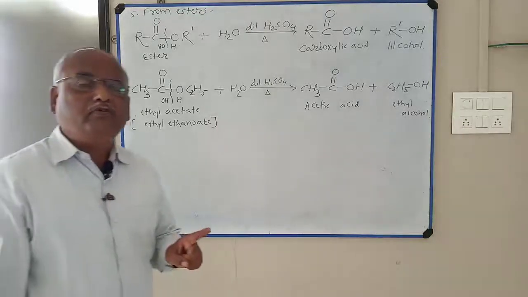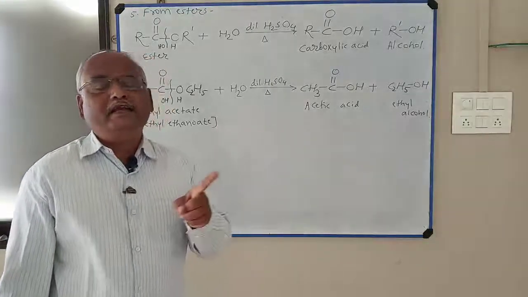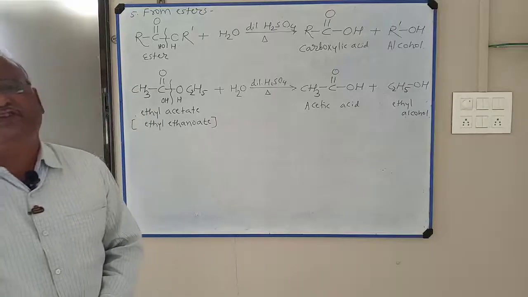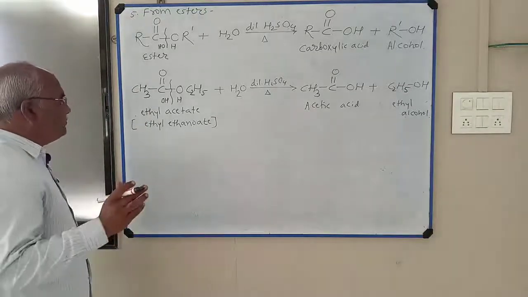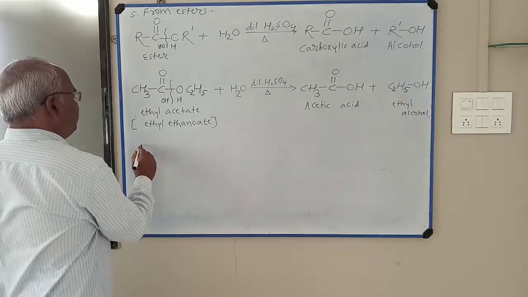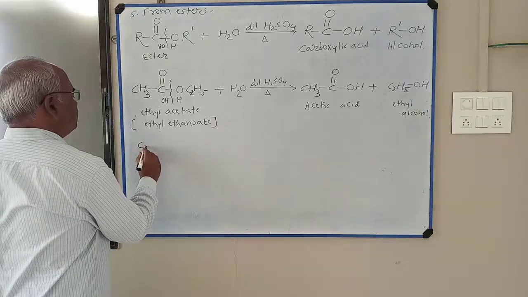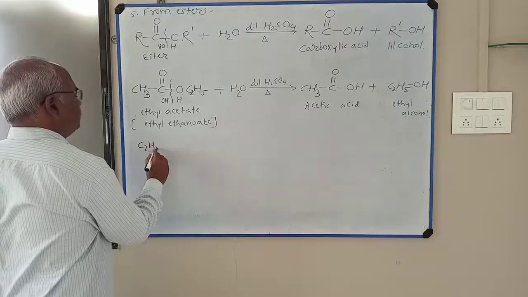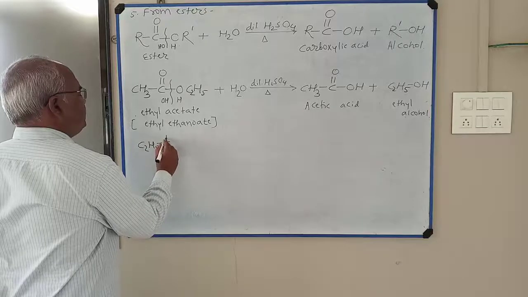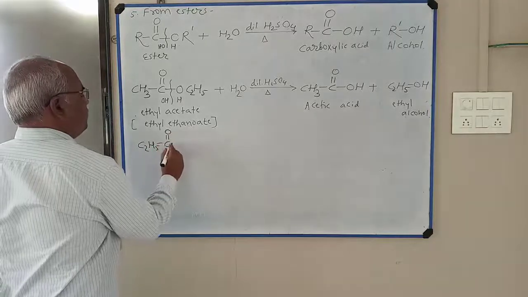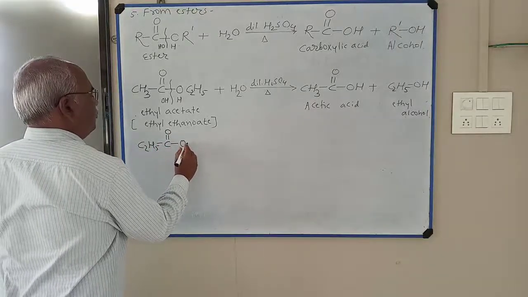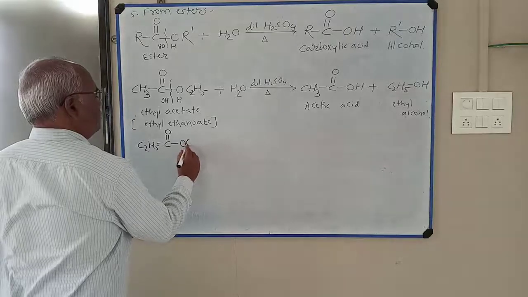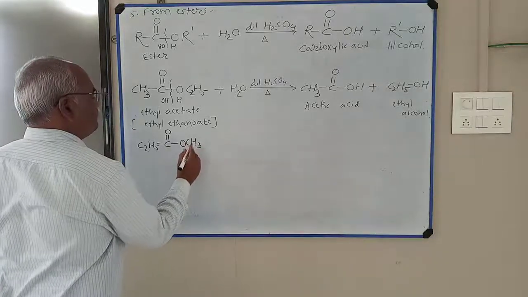Now I am going to explain alkaline hydrolysis of ester. For this I take the example of this ester: C2H5, single bond C, double bond O, O, CH3.